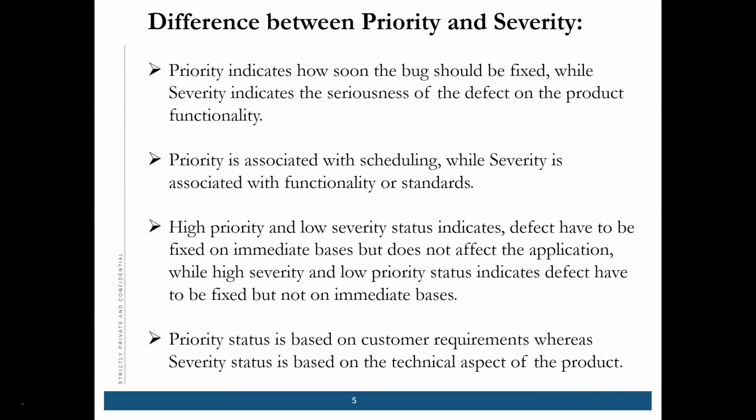So that is the severity of the defect, and the priority of the defect says that if it is priority 1, it should be fixed immediately, even though it is not severe. So those are the priorities and severities.